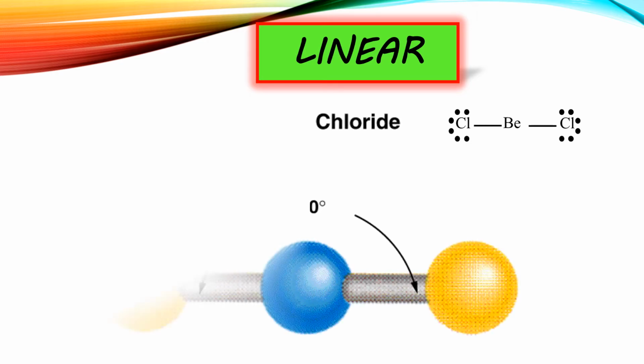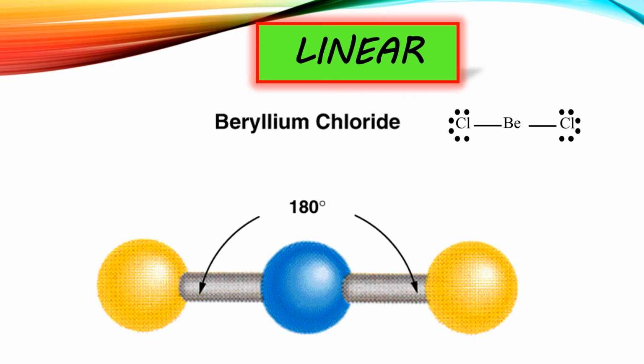Let's look at the first molecular shape, which is linear. Linear is formed when there are 2 bonding pairs at the central atom. For example, beryllium chloride, BeCl2. As you can see in the Lewis structure, there are 2 chlorine atoms bonded to beryllium, so beryllium has two bonding pairs.